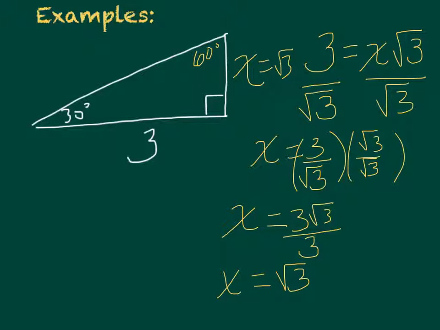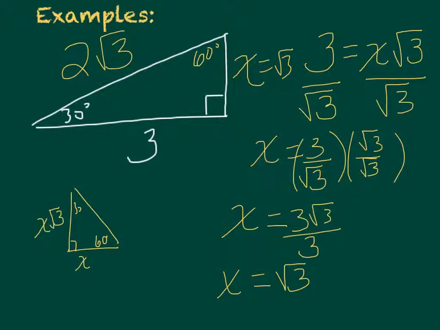Then we know that since we have a short leg equal to radical 3, twice that short leg is going to be the hypotenuse using the basic rule of the 30, 60, 90 right triangle: the long leg is the short leg multiplied by radical 3, and the hypotenuse is twice the short leg.